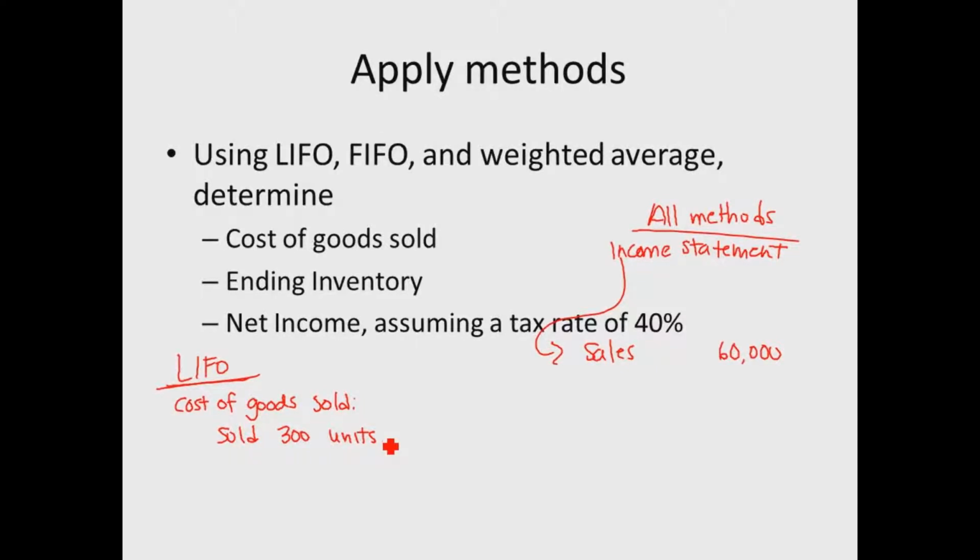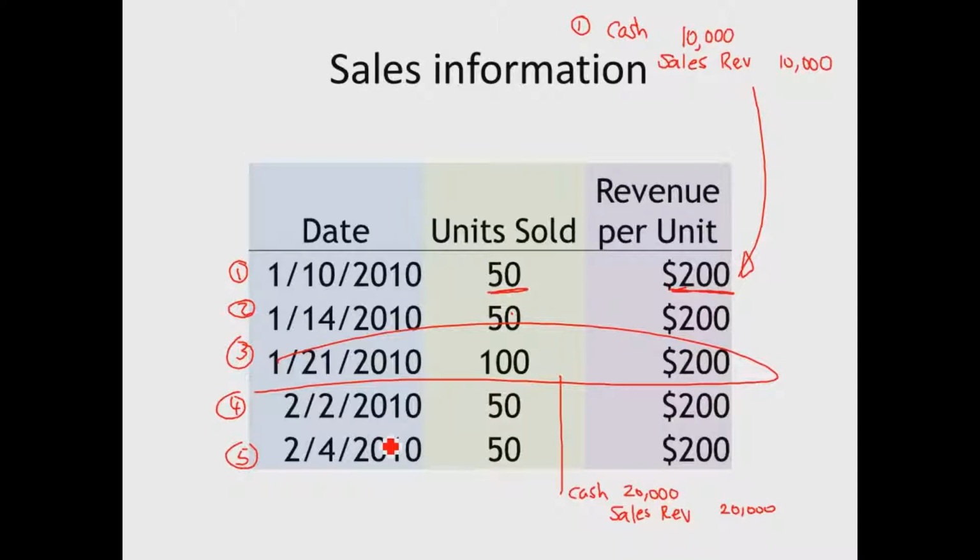Last in is the first out. So go back to this slide here. This assumes that the last ones in are the first ones I sold. So when I sold these 50, which ones are my accounting books telling me that I sold? The ones that cost 110.